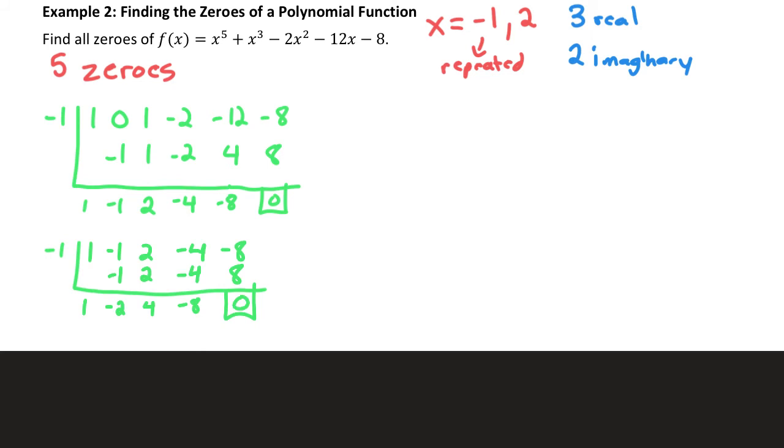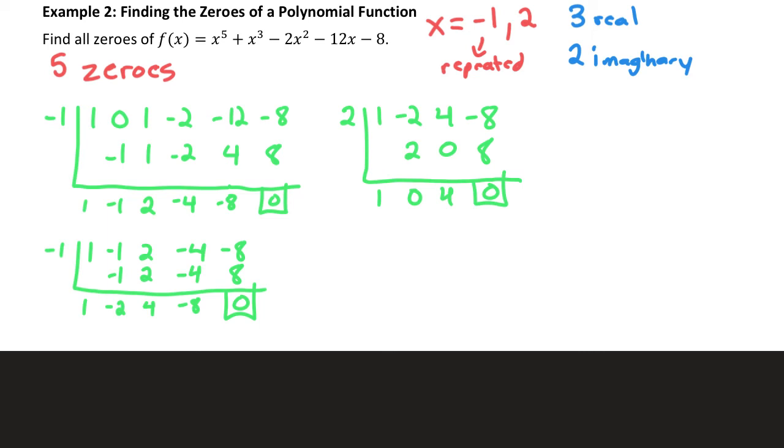So I ran through two of my solutions, both the negative ones, since they were repeated, and I'm going to finish off simplifying by going through with my solution of 2. And again, I use what I left off with in the last synthetic division. So it goes 1, 2, 0, 0, 4, 8, 0.